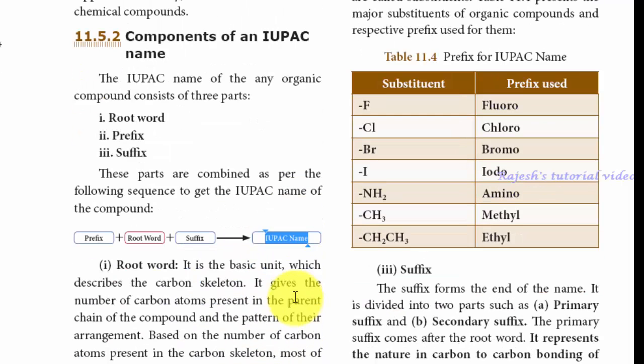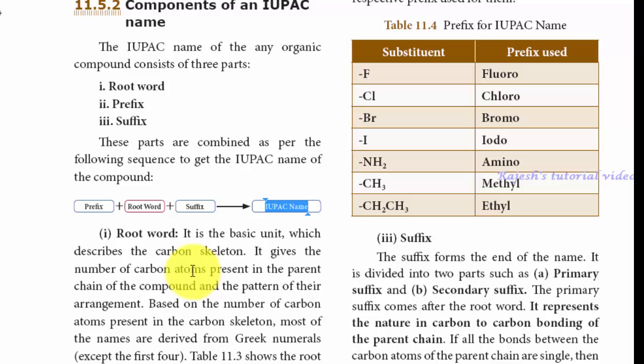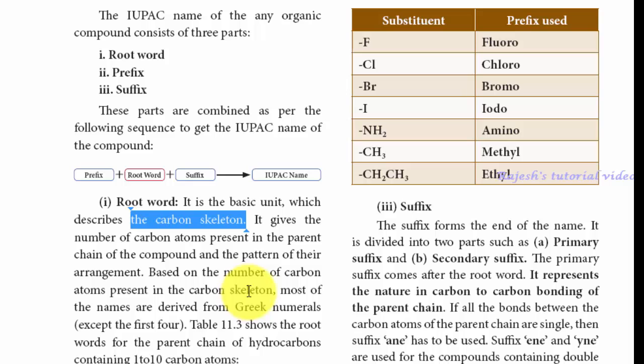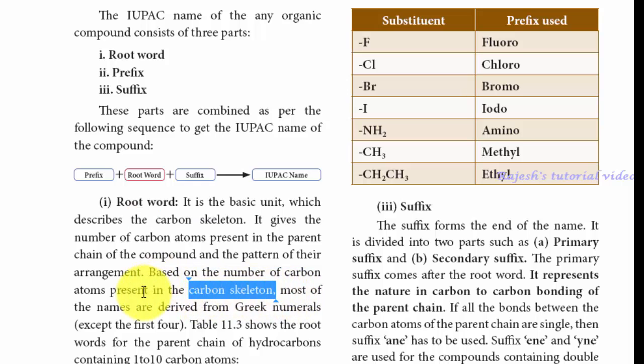The root word is the basic unit and it describes the carbon skeleton. It gives the number of carbon atoms present in the parent chain of a carbon compound, and it gives the pattern of arrangement of the carbon atoms. Then based on the number of carbon atoms, the carbon skeleton, that is the parent name, is given, and mostly Greek numerals are used.